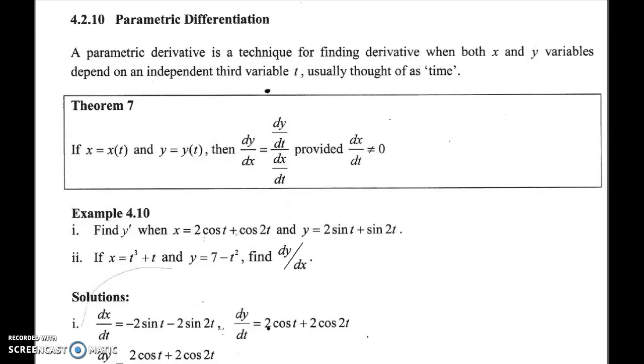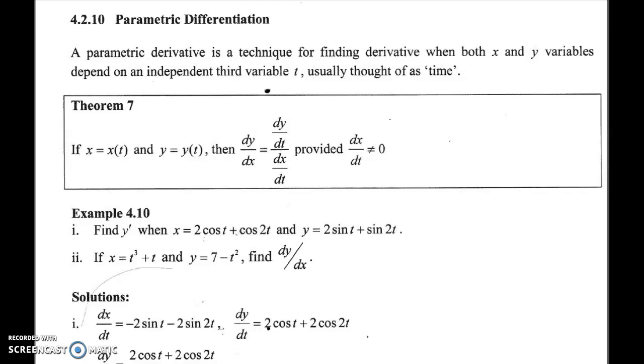Okay guys, in our previous videos we have already learned several rules of derivative. We also learned how to conduct differentiation in a situation where you have functions inside another function, and in a situation where you have a mix of variables x and y.